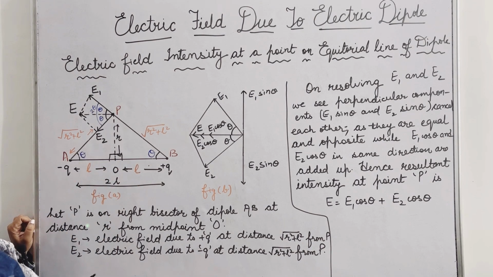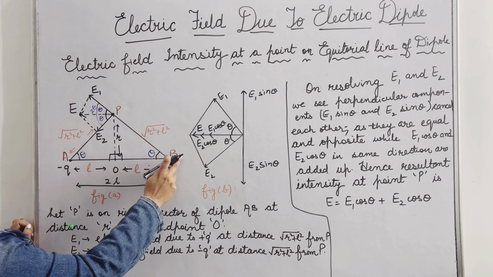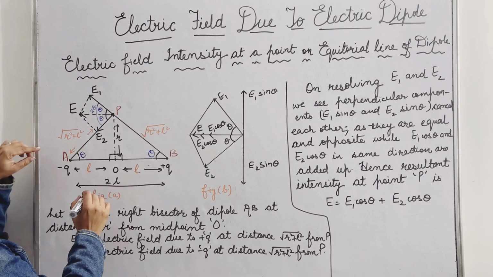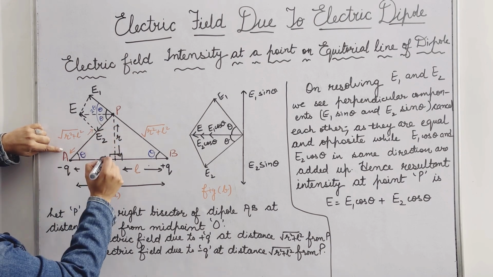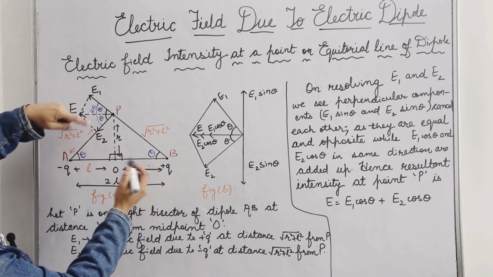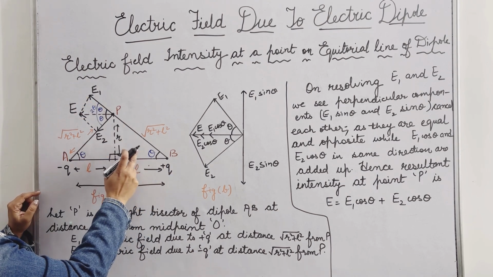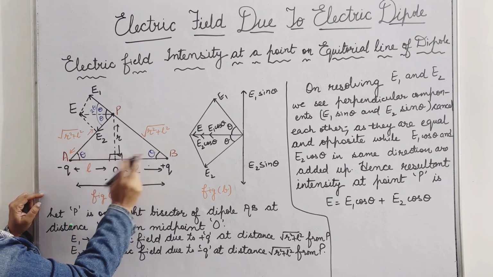Now, if you look at these two triangles, A is the point where the minus q charge is, and B is the point where the plus q charge is situated. Looking at the triangle APO, this is a right angle triangle, and the other one is POB. These two triangles are congruent. Because of that, these two angles will be the same, theta.